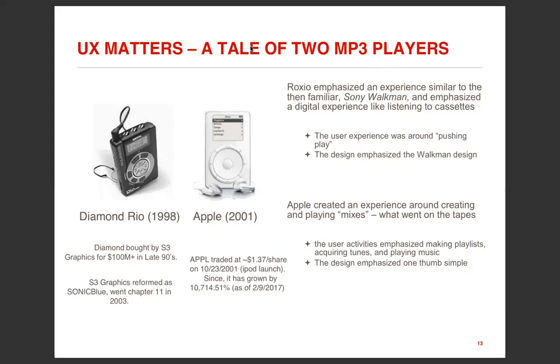Those of you who use an iPod will see you can just use your thumb and operate everything. But with the Sony Walkman from 1998, there is a lot you would have to do, a lot here and at the side here. You can see both of them; this one is simpler than this.